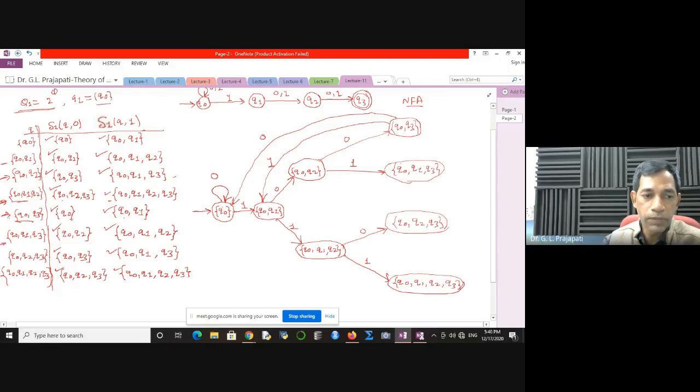Now once you are at the state Q0 Q1 Q3, input is 0, you are going to the state Q0 Q2.